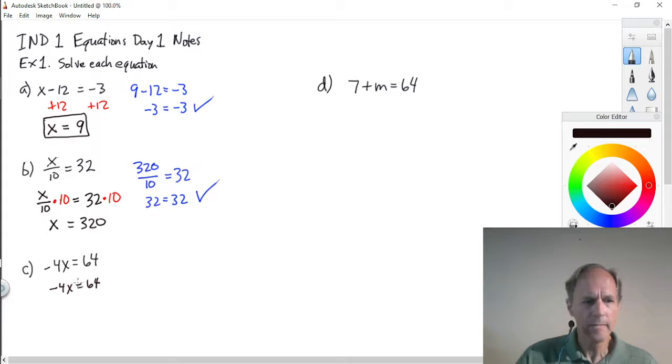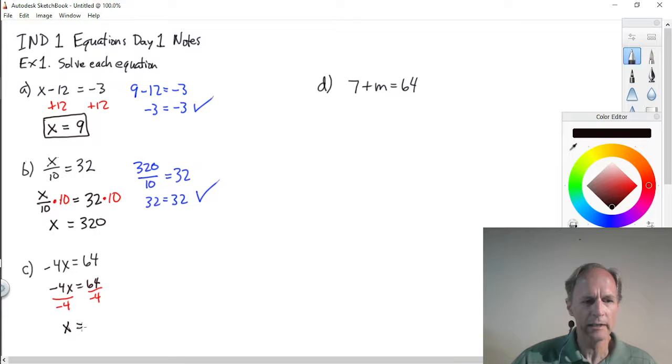Divide both sides by -4. And on the left, as we intended, we just have x remaining.